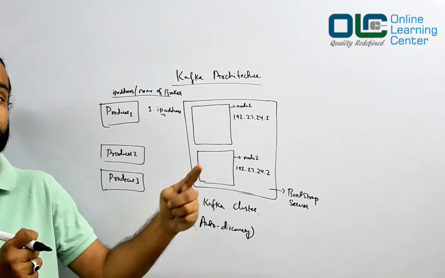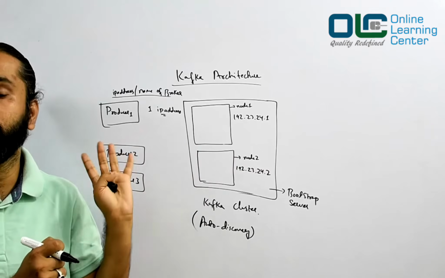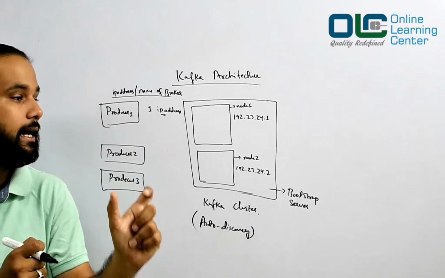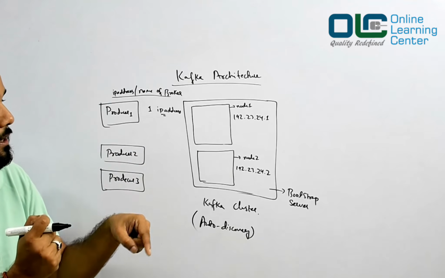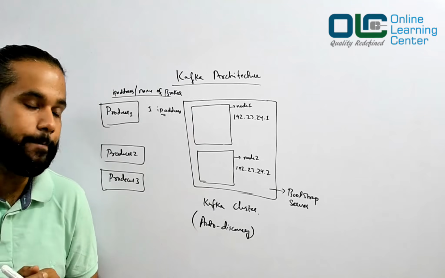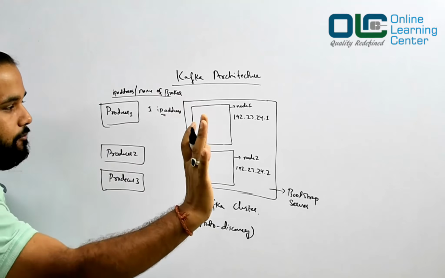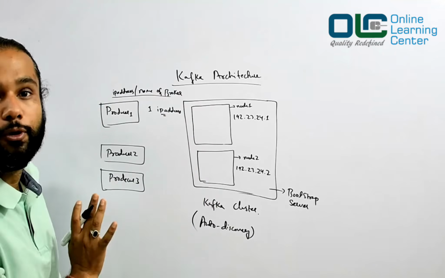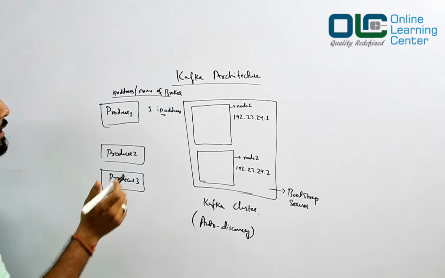You really don't have to specify all the server details here. You just give any server ID, and internally Kafka has a mechanism to auto discover the other servers. So that would be taken care of by the framework itself. As a programmer, you don't have to do anything on it. Done.